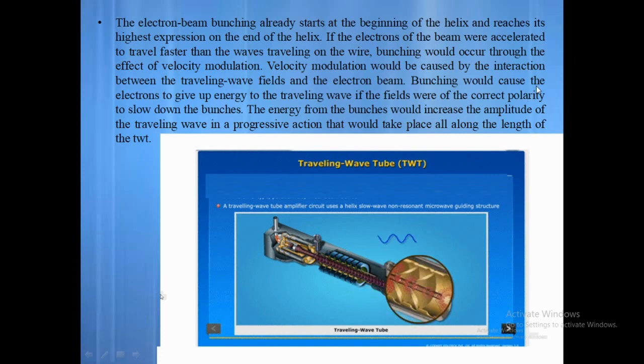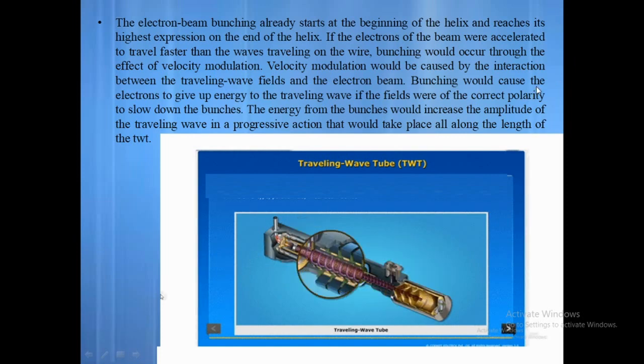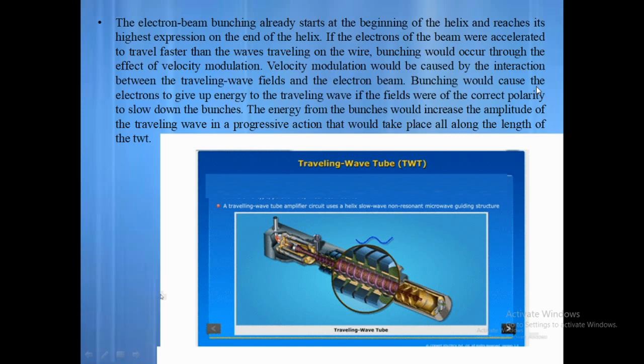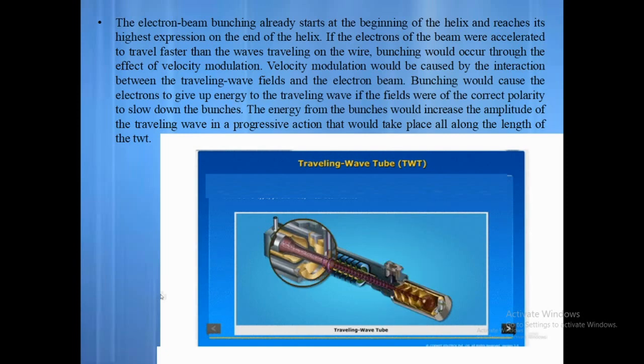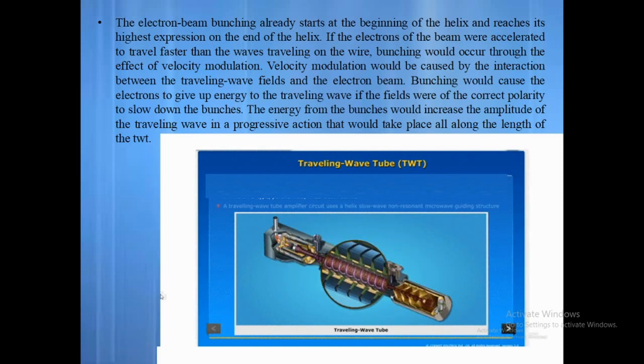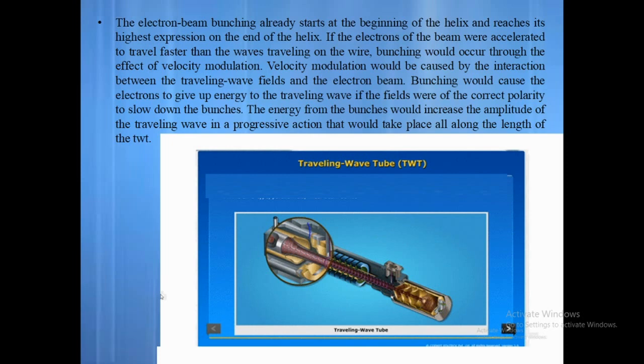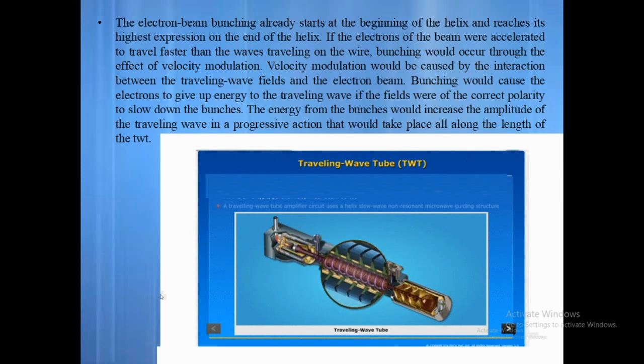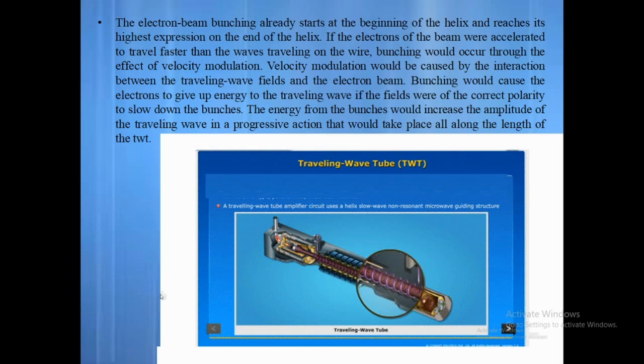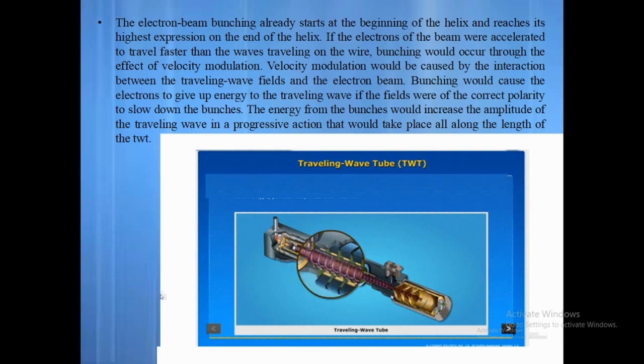Bunching would cause the electrons to give up energy to the traveling wave if the field were of correct polarity to slow down the bunches. Based on the positive and negative polarities, the bunching will occur. The energy from the bunches would increase the amplitude of the traveling wave in a progressive action that would take place all along the length of the traveling wave tube.